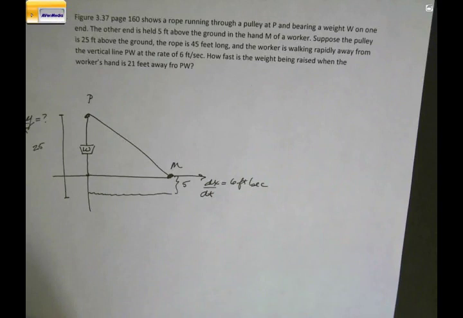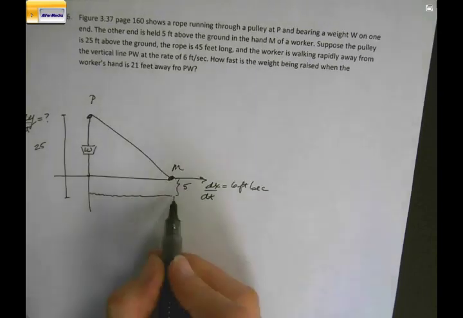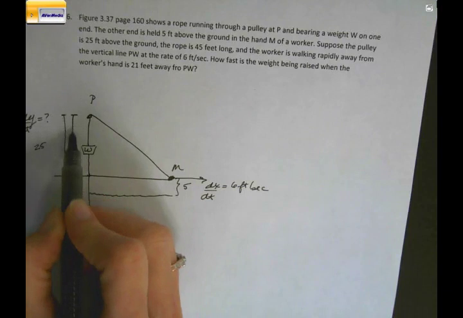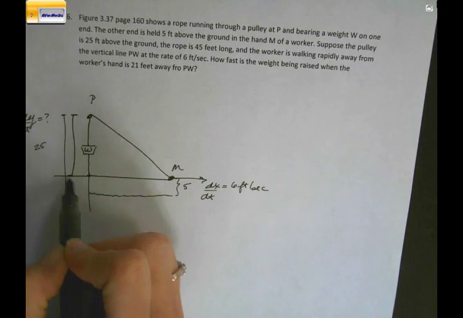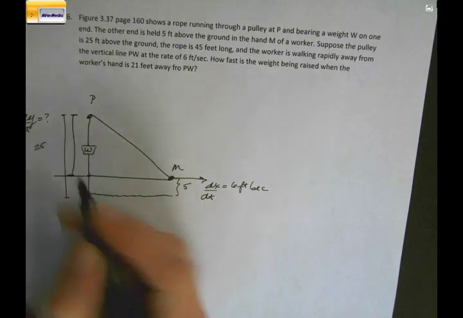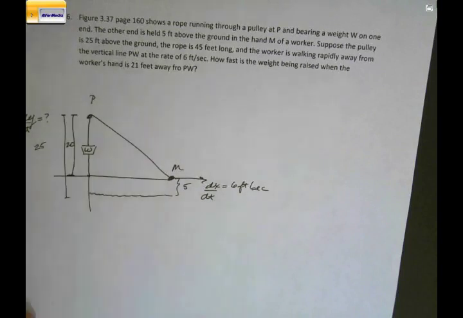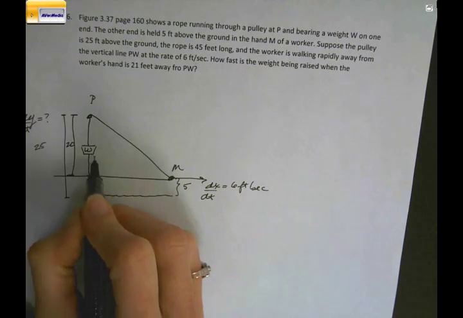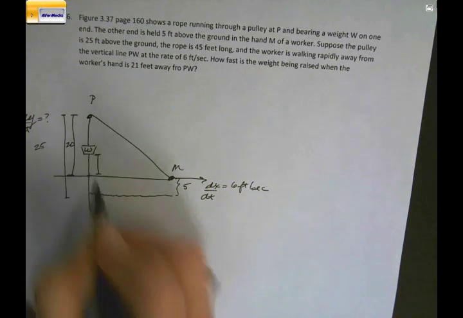We got this rope that's 45 feet long. This is bound to have something to do with Pythagorean's theorem. If the guy is 5 feet tall, or his hand is 5 feet above the ground holding on to this rope, what is the distance the pulley is from the ground? That's 20. Okay? This is what we don't know right here. So this is what we're going to let be a distance.